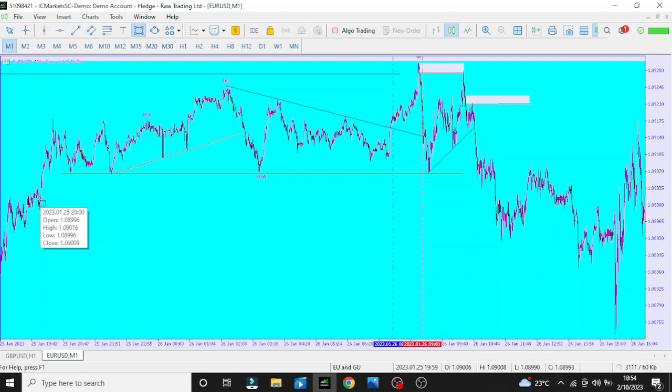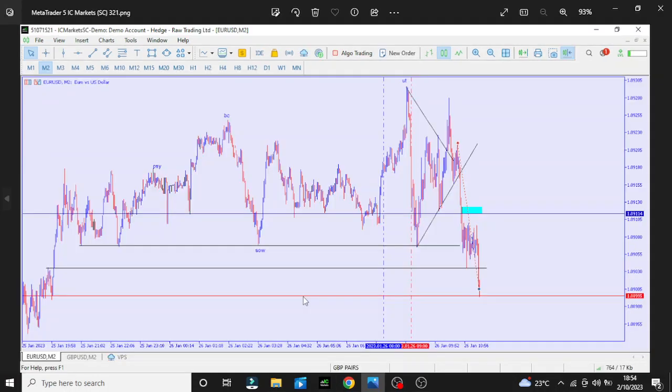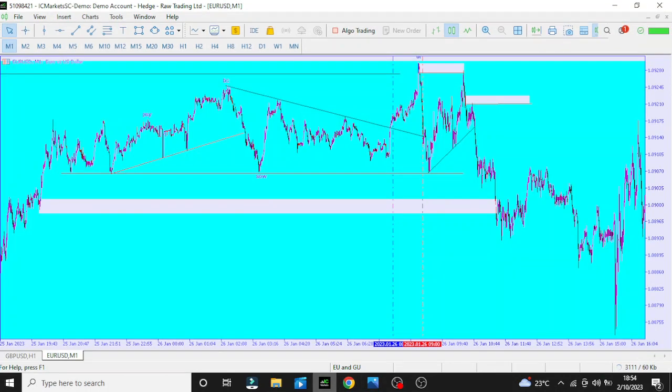You see, and this is my entry, and this was my TP. The reason why I targeted 1 is to 10 is because, first of all, I want to be consistent at aiming for 1 is to 10 before I actually hold for more risk reward.